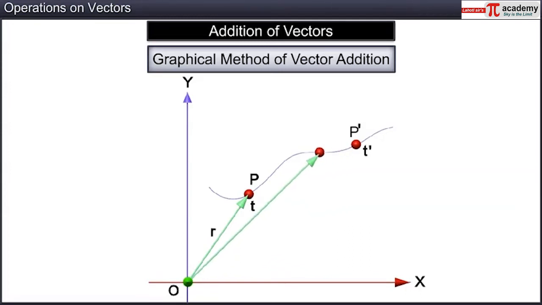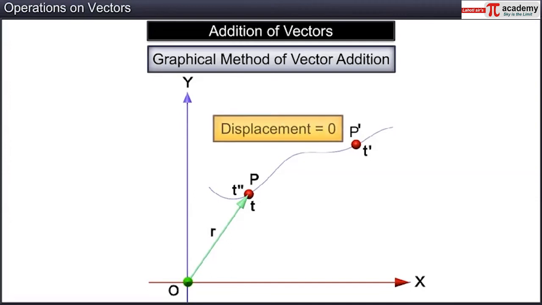From time t dash to t double dash, it moves back from position P dash to P. The displacement of the body during the time interval t to t double dash is 0, as the body has returned to its initial position. Its displacement is thus represented by a null vector, which is just a point with zero magnitude and without any arrow.